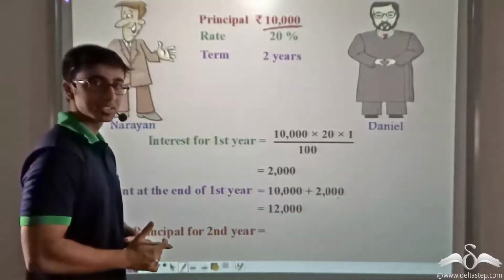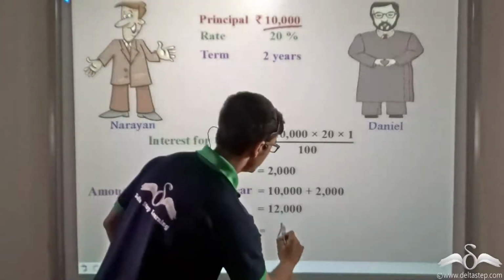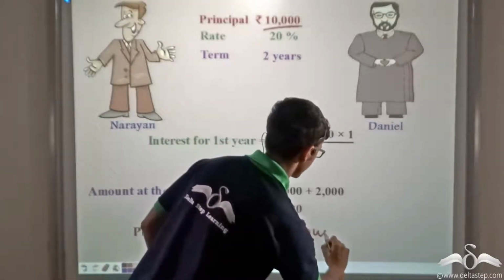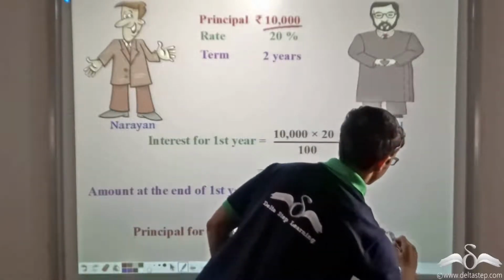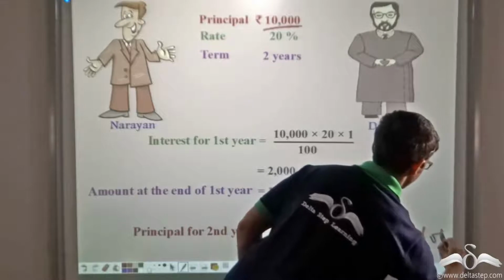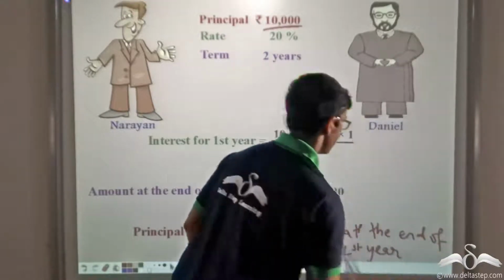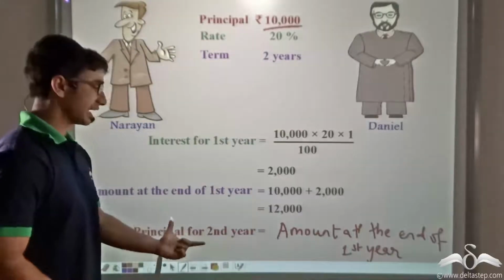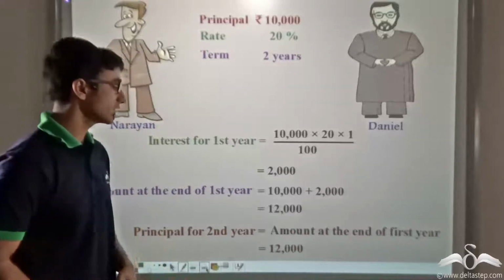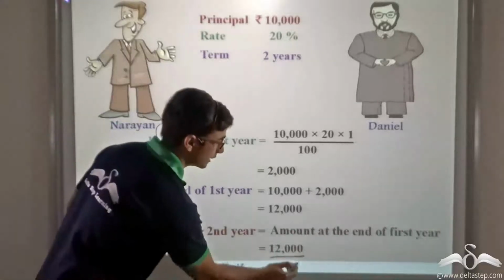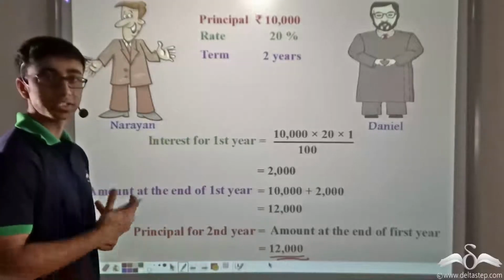Or in other words, in this case, the new principal will be the amount at the end of the first year. So the principal for the second year will be the amount at the end of first year. That is equal to rupees 12,000. So now let us see how this helps Narayan in earning more money.